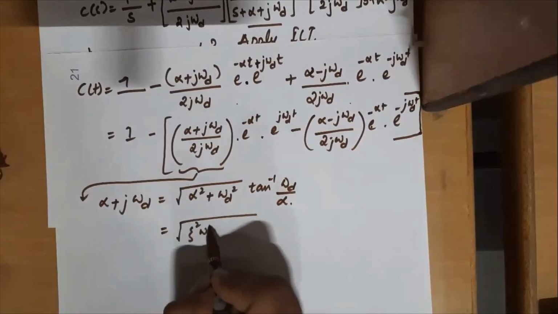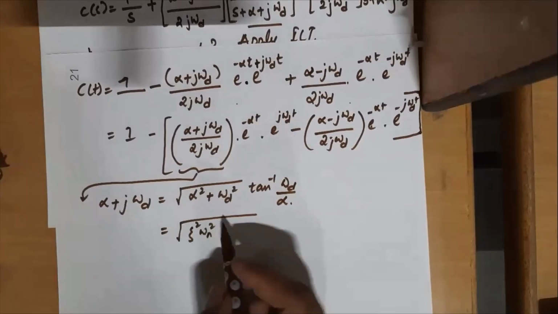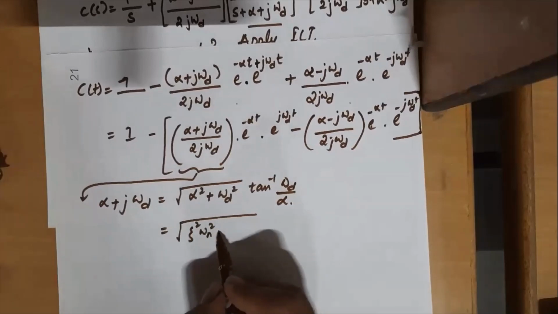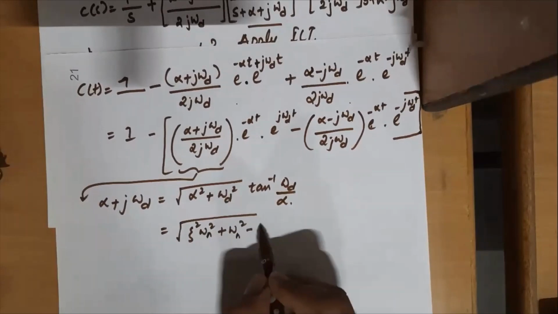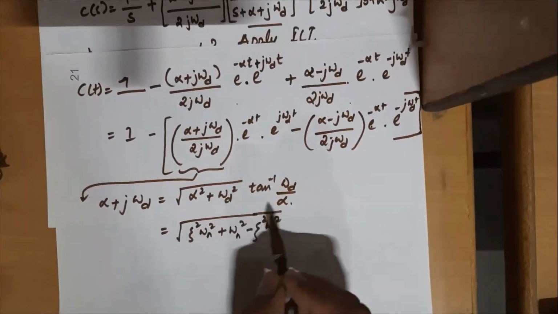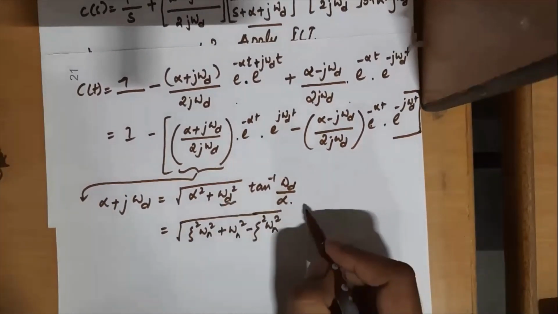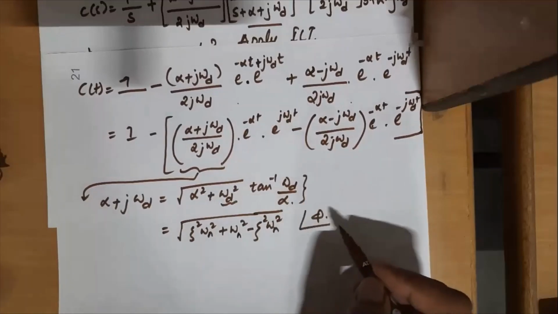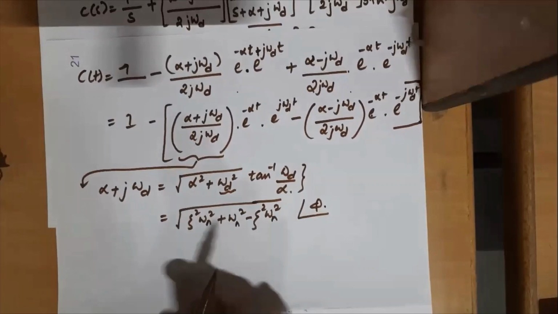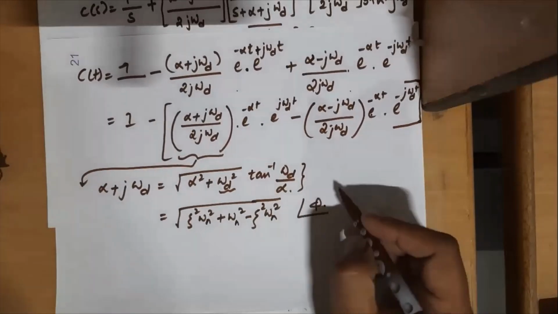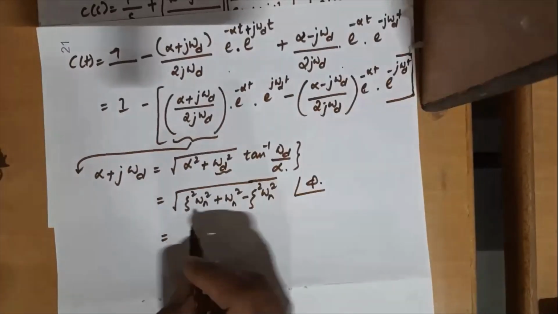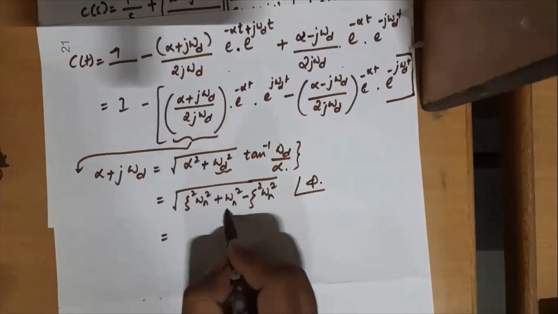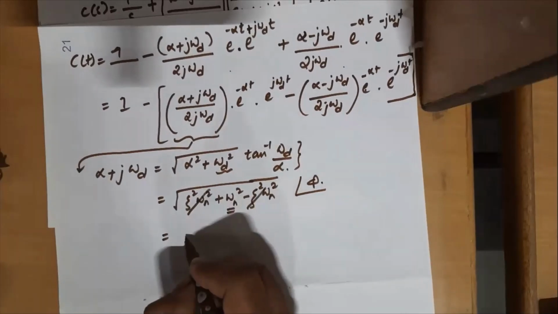So replace alpha by zeta omega n. The same steps which we already have done. Omega d is the damped oscillation frequency. So I will call the phase angle as phi for the time being. And what this simplification gives at the end is omega n.